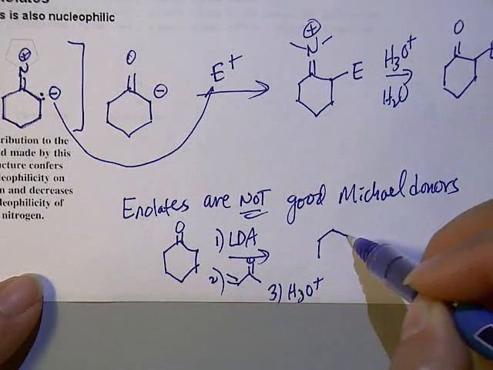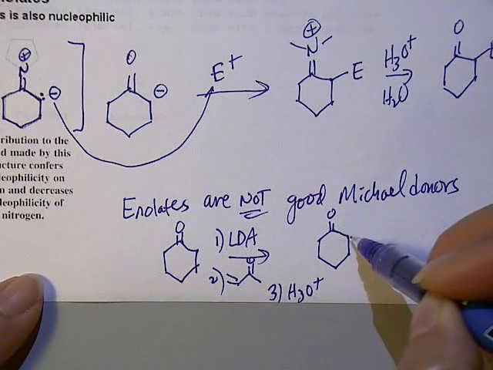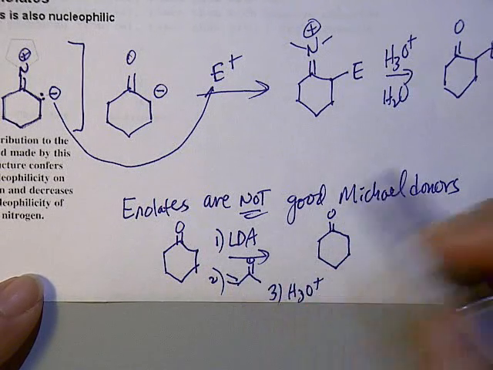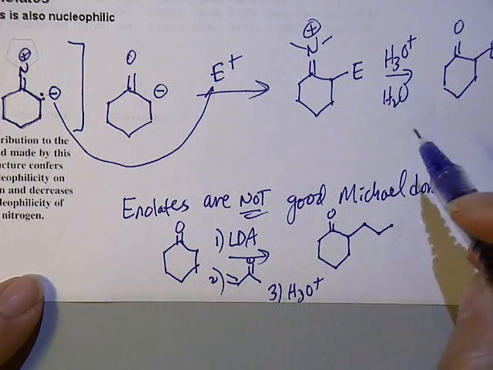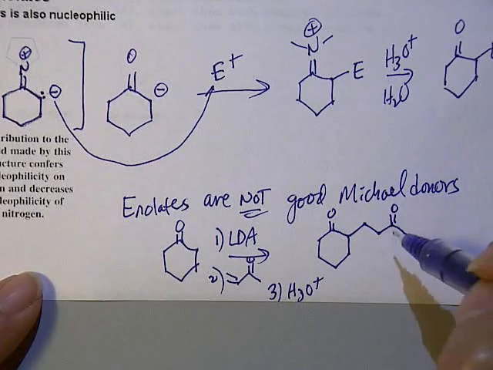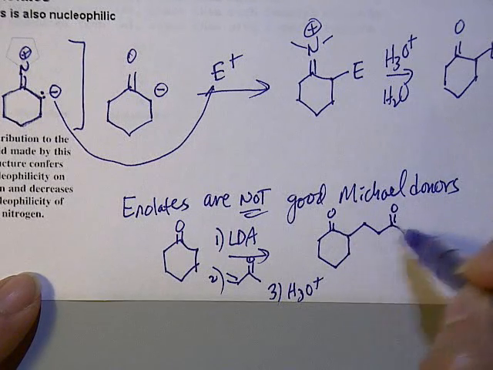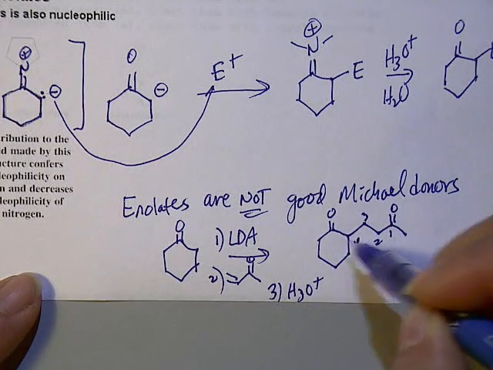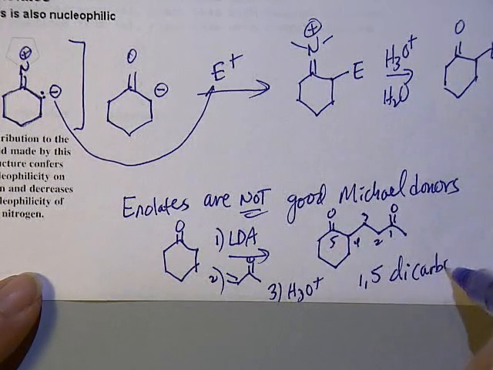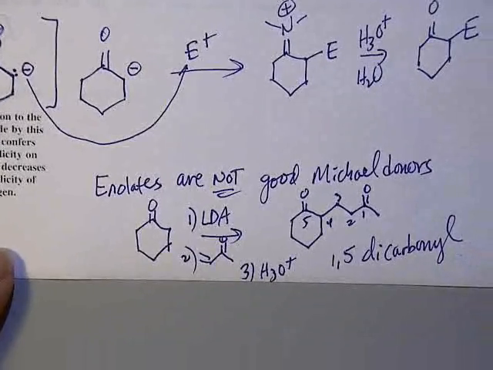my goal is to get, so you have a negative charge here, react over at the beta carbon, so then you would have this, which is 1, 2, 3, 4, 1,5 dicarbonyl.